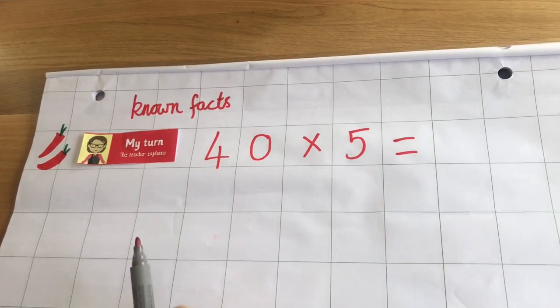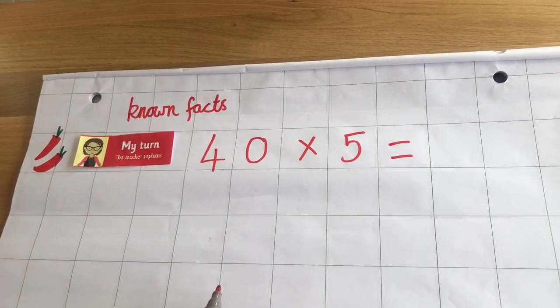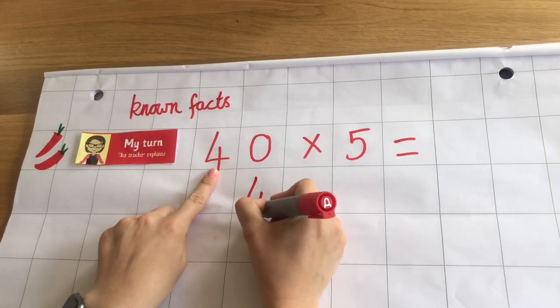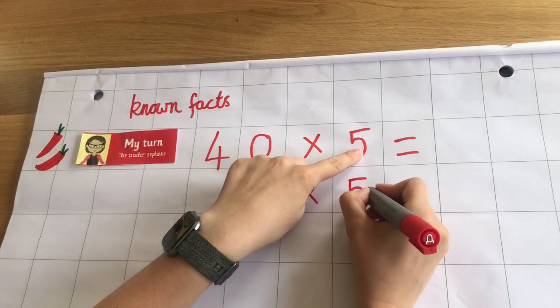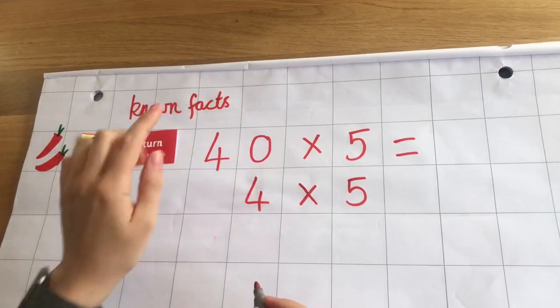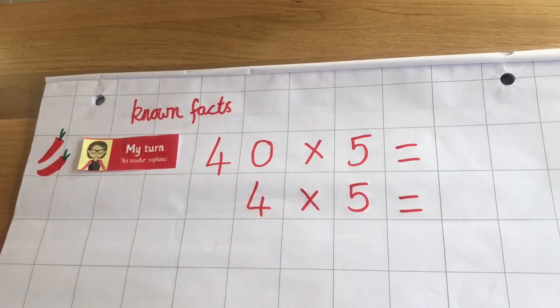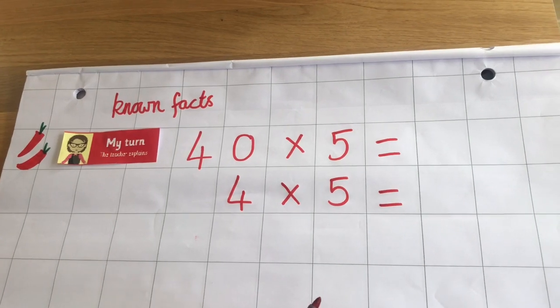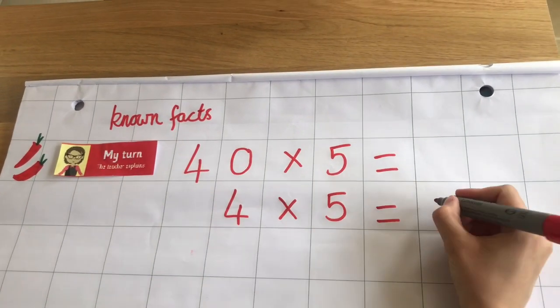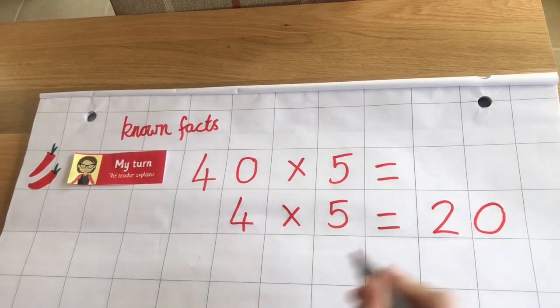So 40 times 5 is a bit tricky at the moment, but I do know 4 times 5. Okay, forget it's 40 at the moment. We're going to look at 4 times 5. Now you could count in your 4s or your 5s, or you might just know the answer to this one. I've been practicing, so I know it's 20.